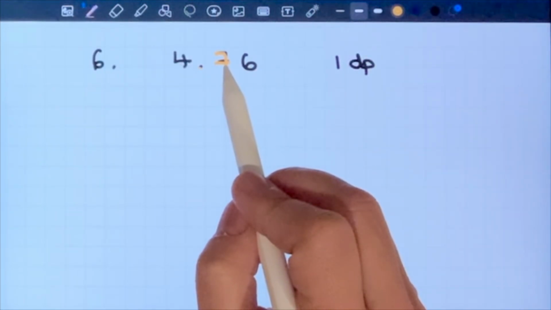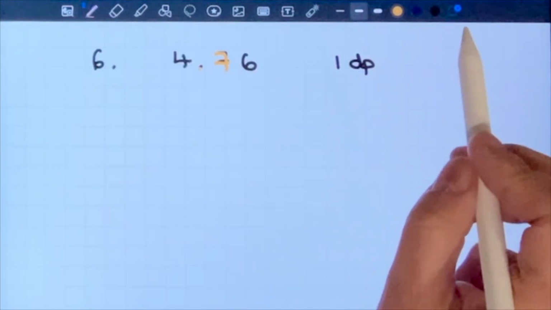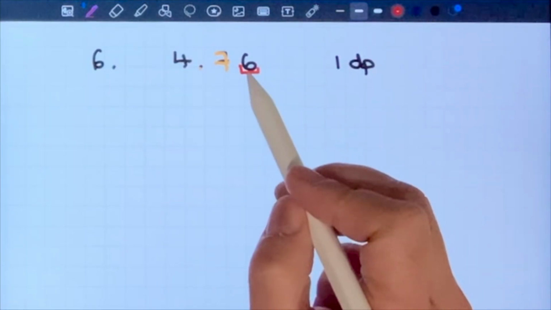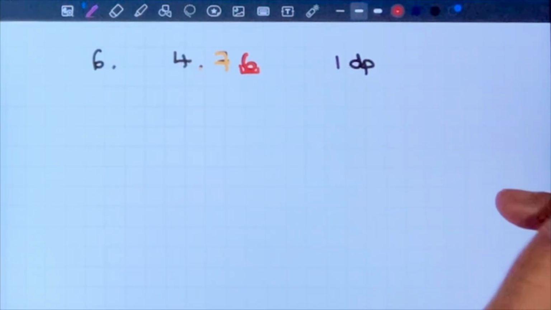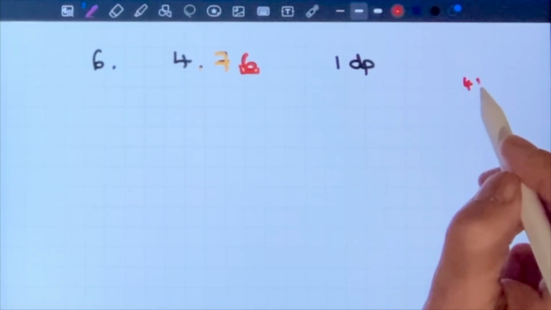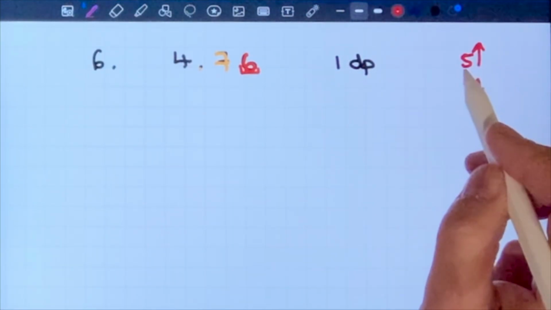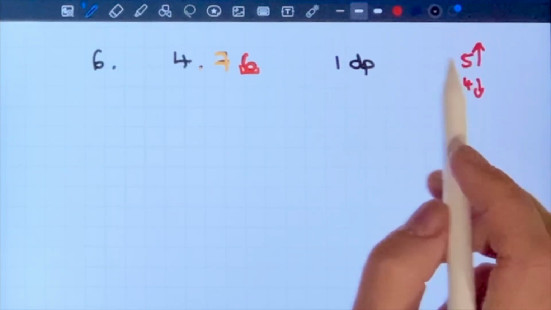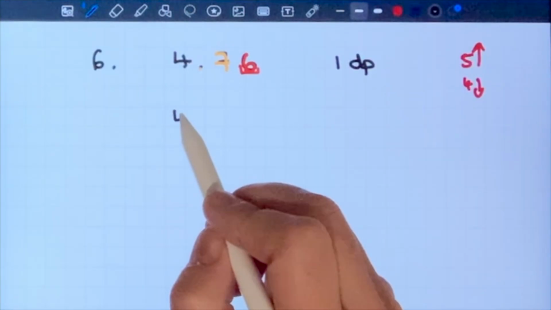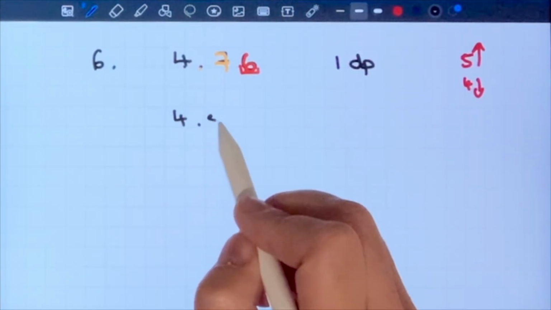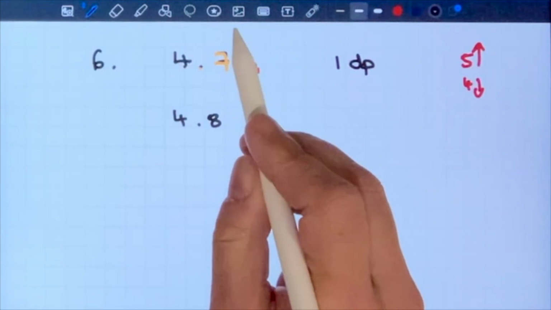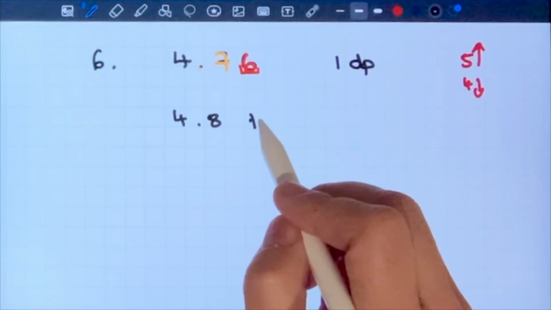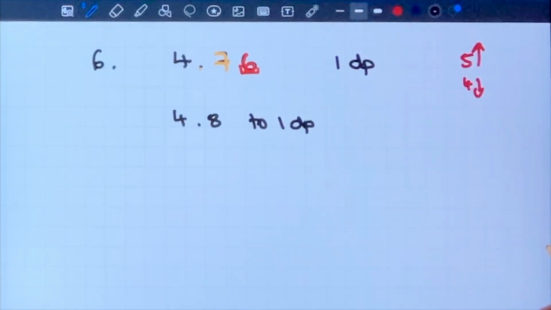So to know whether this gets rounded up or down, we look at the digit immediately to its right, and that is a 6. And we know that anything 5 or above gets rounded up. Therefore, this will become 4.8, because the 7 gets rounded up to an 8, and that is rounded to one decimal place.